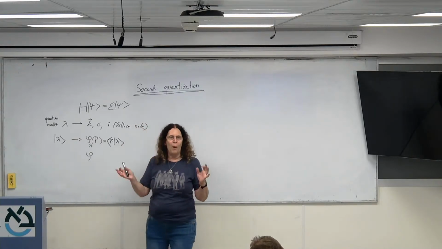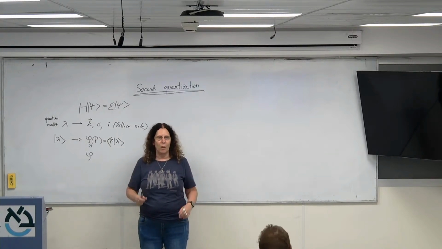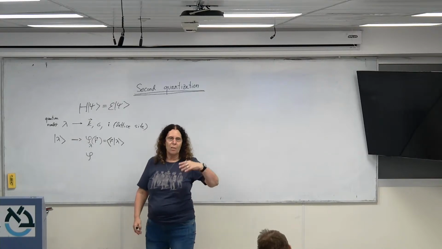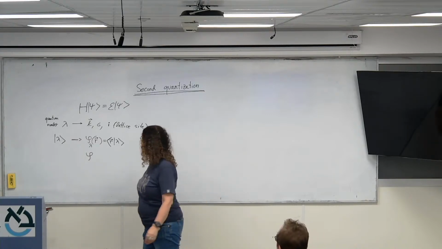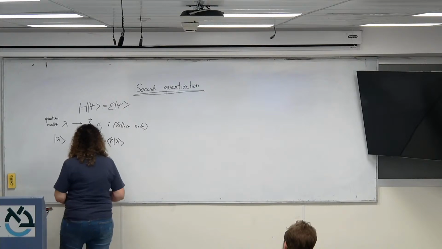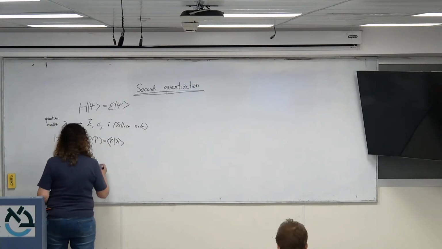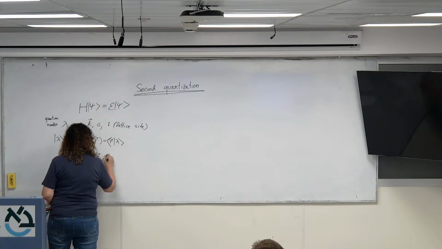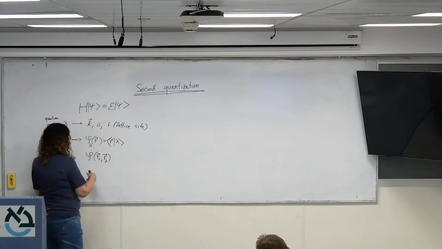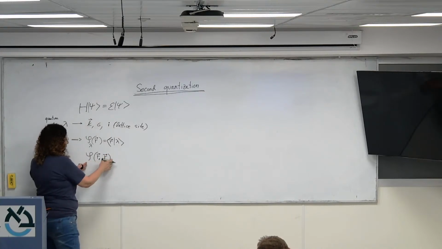Suppose we have 2 particles, like 2 electrons in one atom, and there are several available discrete states for simplicity. We can write a wave function that describes the behavior of 2 particles.